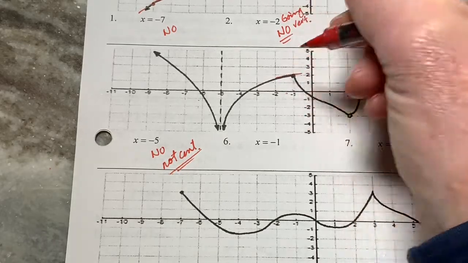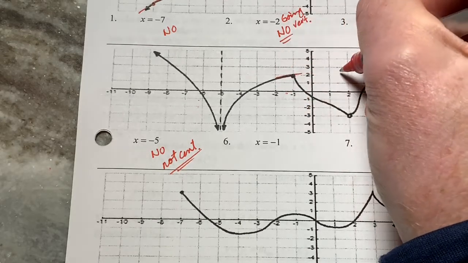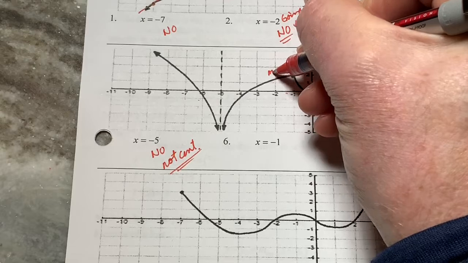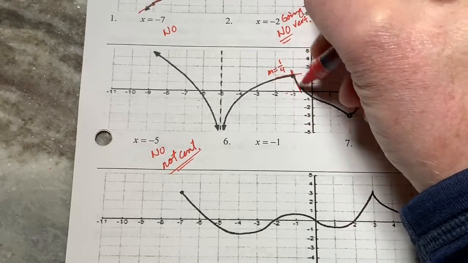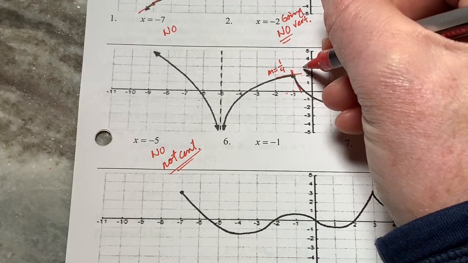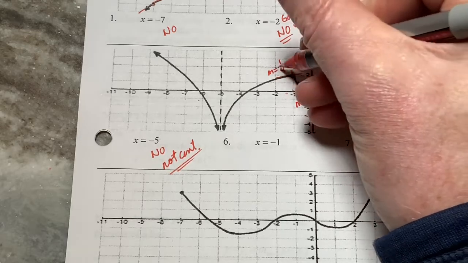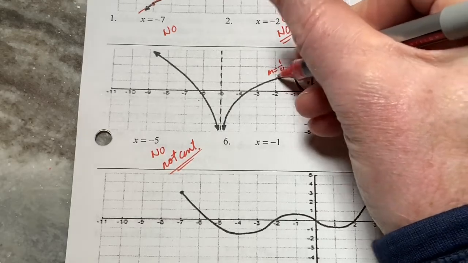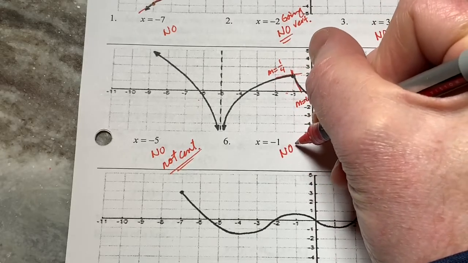Maybe rise 1, run 4. Maybe it's a 1/4 coming here from the left. I'm making something up. And then right here, what's the slope look like? Maybe rise 4, run 1. Maybe the slope here is a 4, but are they the same? No, there's a sharp sudden change. This is another example where it's not differentiable.